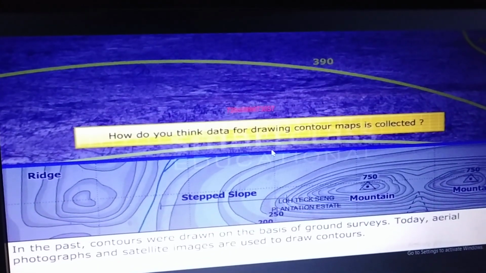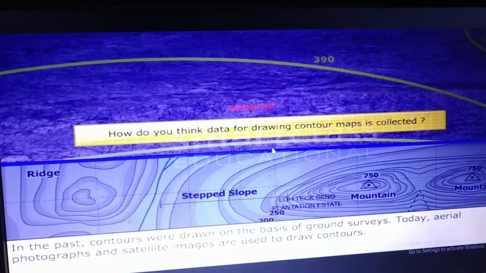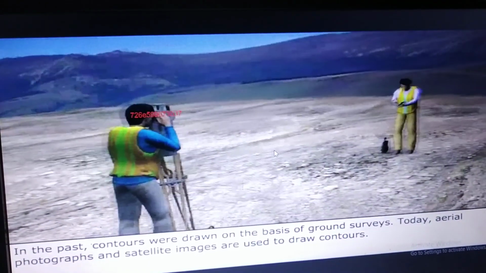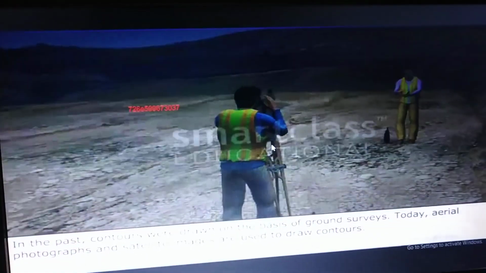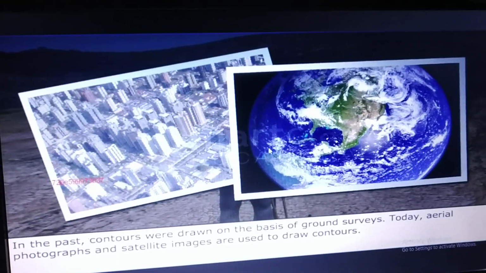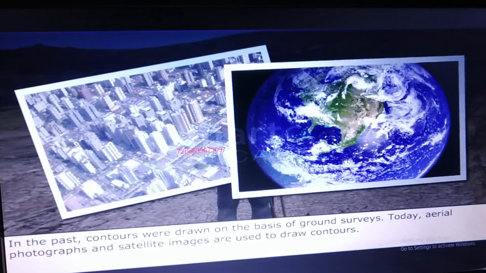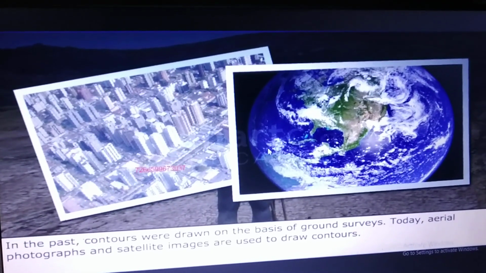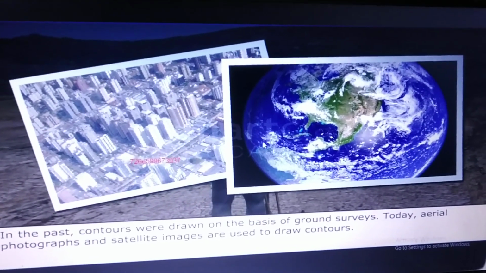How do you think data for drawing contour maps is collected? In the past, contours were drawn on the basis of ground surveys. Today, aerial photographs and satellite images are used to draw contours. So these are imaginary lines which are shown on a topographic map.